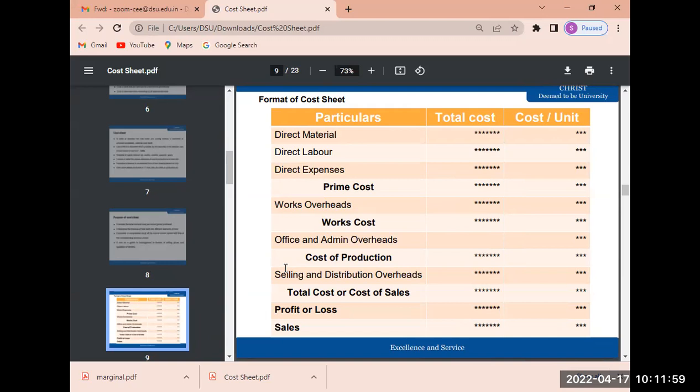For example, accountant salary, manager salary, HR manager salary, HR employee salaries. Factory manager salary, factory supervisor salary, factory rent are works overheads. Simple. That's factory overheads.